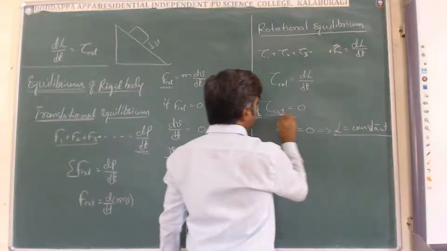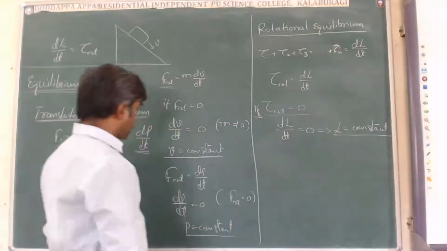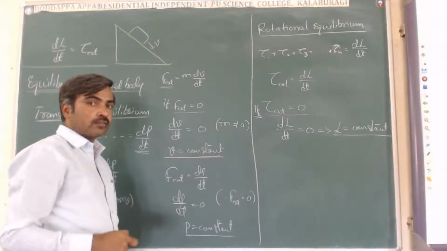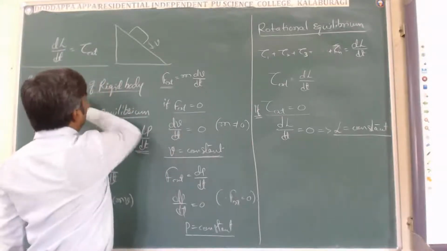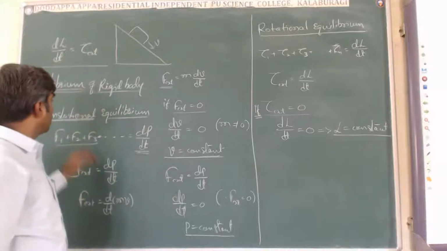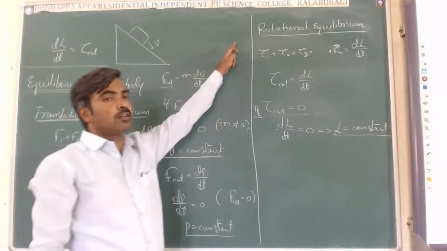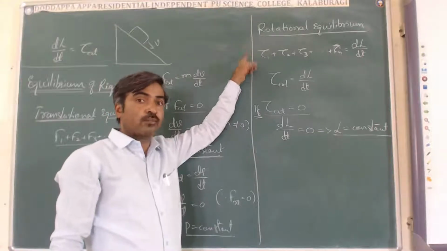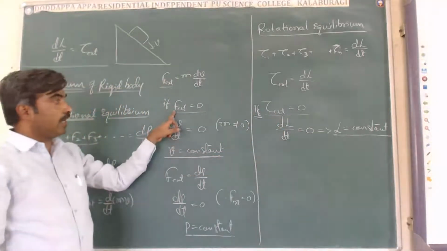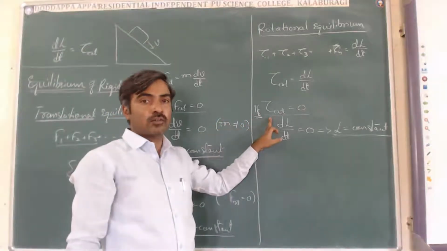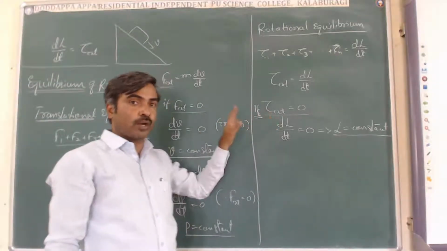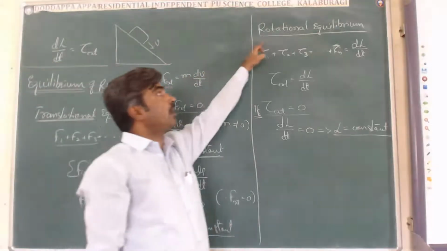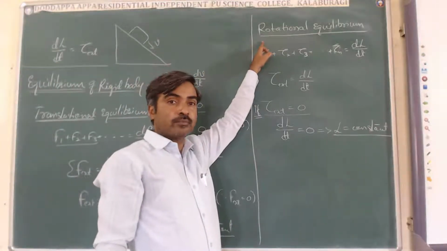So when I am writing external torque is 0 or external force is 0, it means for any rigid body, the equilibrium of the rigid body, which includes translational motion and rotational motion, should not be altered by the application of either the force or the torque, so that the rigid body maintains translational equilibrium as well as rotational equilibrium.